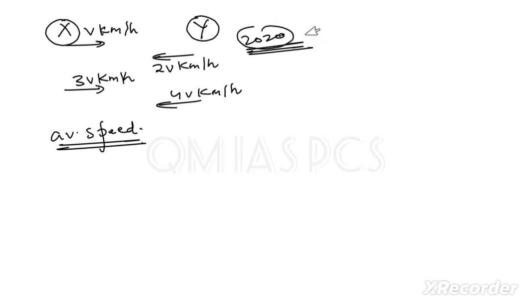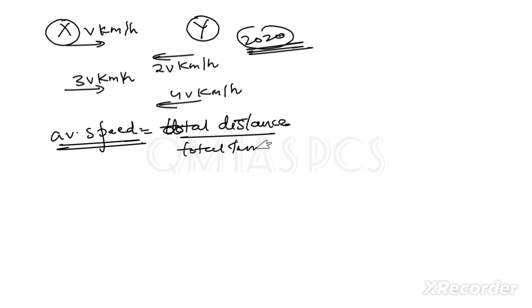Got it? So what we have discussed for average speed, that is equal to total distance divided by total time. If we consider this distance is d, how many d's are there? 1, 2, 3, 4, so 4 d's are there, so it will be d plus d plus d plus d, or simply you can write 4d.